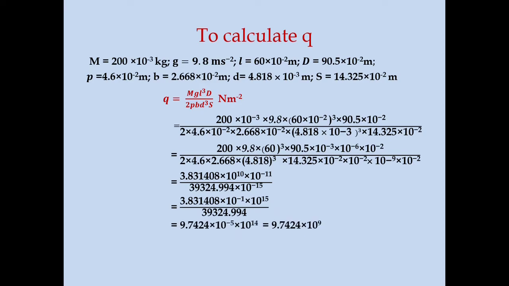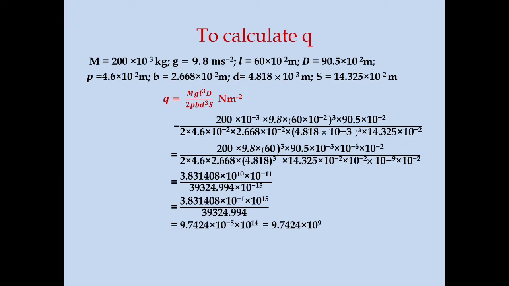Next let us divide these two numbers. When you divide, what you will get is 9.7424 into 10 power minus 5. This is what you will get in the calculator. Then this 10 power minus 1 and 10 power 15 in the previous step will give you 10 power 14.